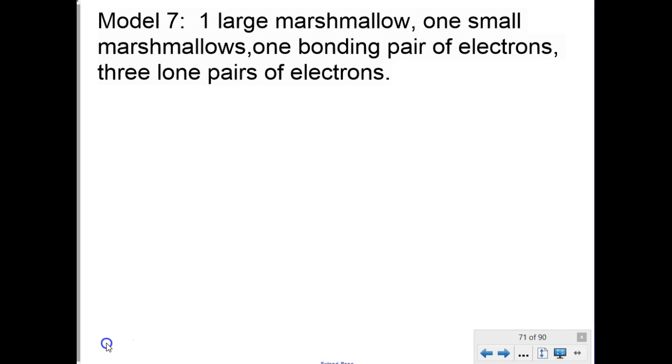Bond angle. You can't report a bond angle because there's only one angle. In order to report a bond angle, you must have at least 2 bonding pairs of electrons. Remember, these represent lone pairs of electrons. They are not connected. That means they're not forming a bond.